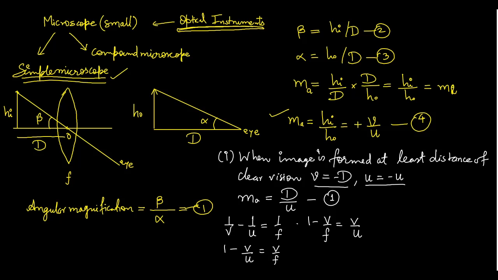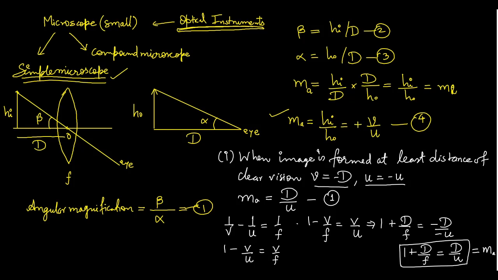So what we will have, see, 1 plus d by f equals minus d upon minus u. So ultimately what we are getting, 1 plus d by f equals d by u. So this is the derivation when the image is formed at the least distance of clear vision, and the angular magnification is 1 plus d by f, which is equal to d upon u.